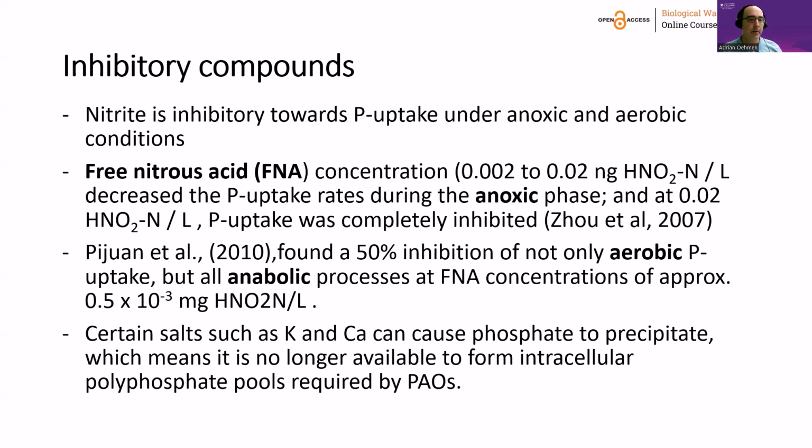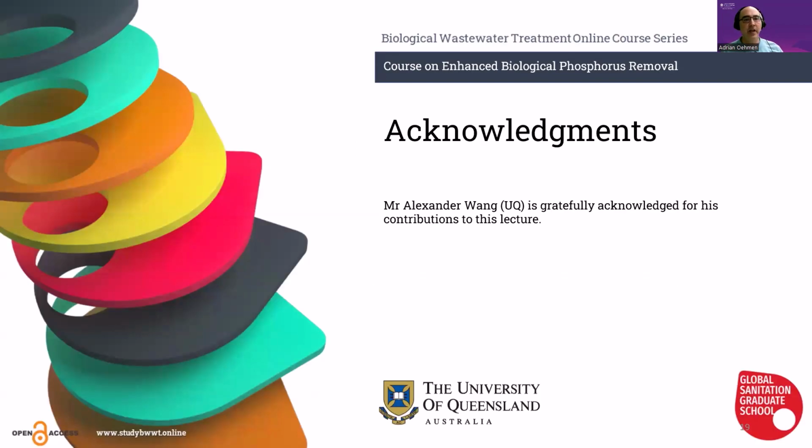Precipitants can remove the phosphate, and with less polyphosphate within PAOs, that favors a GAO-type metabolism, a glycogen metabolism, rather than a polyphosphate storage metabolism, and that is not positive for enhancing the biological phosphorus removal.